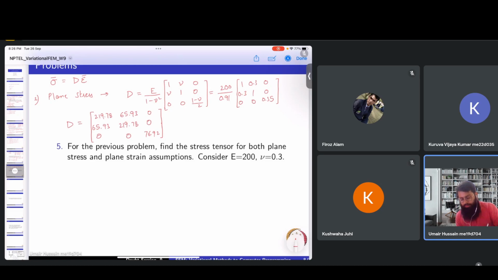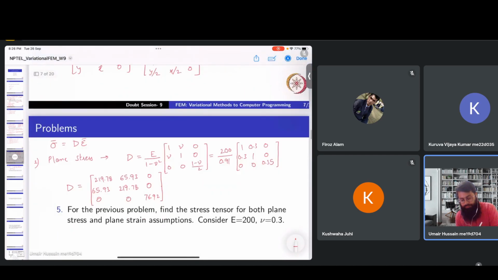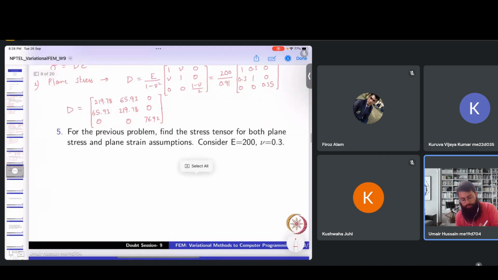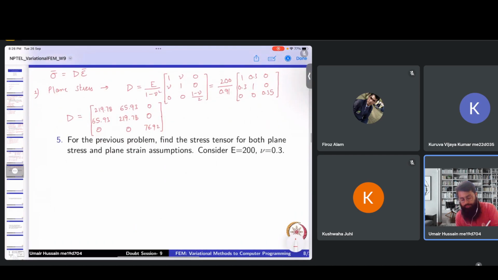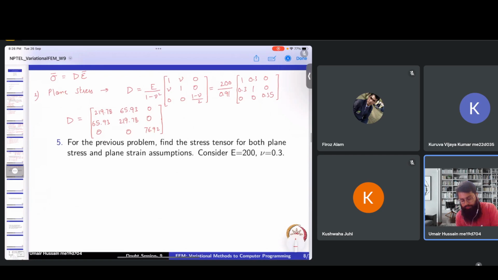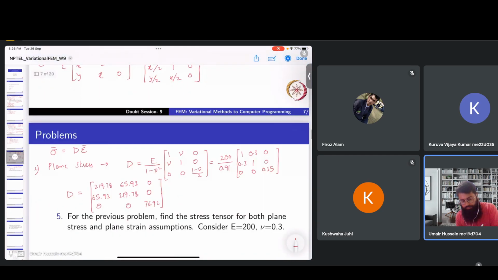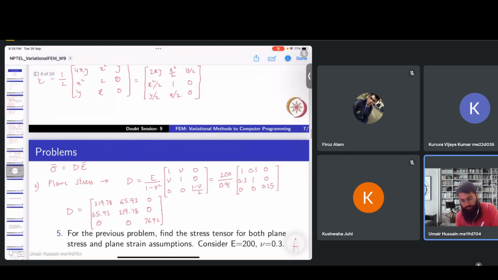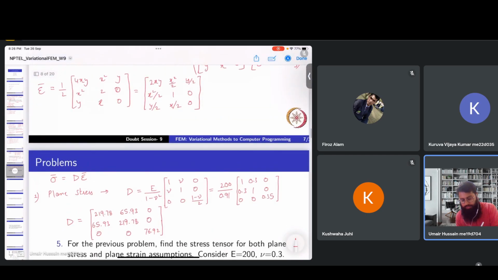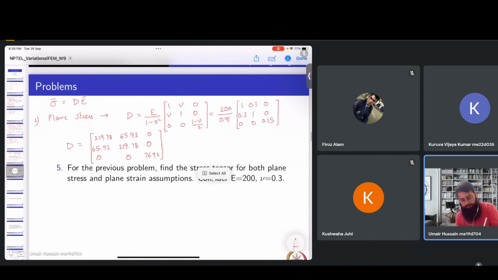Okay, so for plane stress we have this D, and we have strain in terms of x and y. So we need to know the coordinates for x and y, right? Otherwise we can't get a numerical value. So we can just take x equals 1, y equals 1.